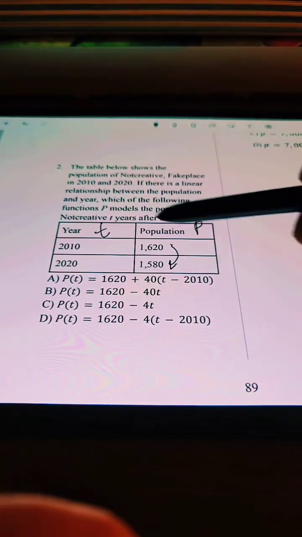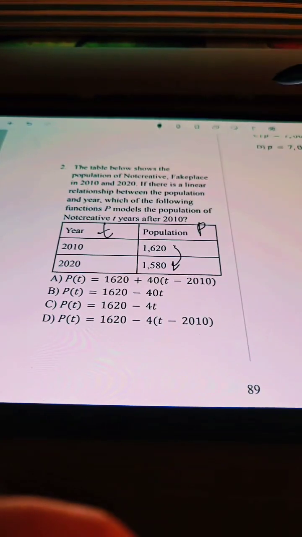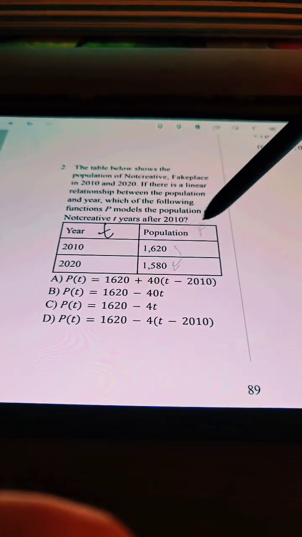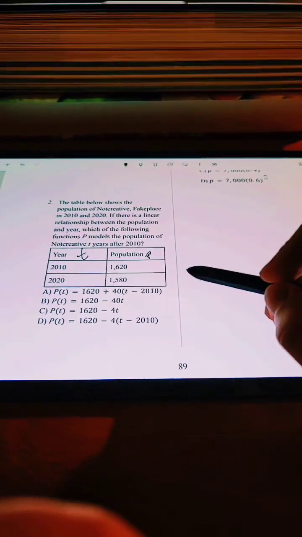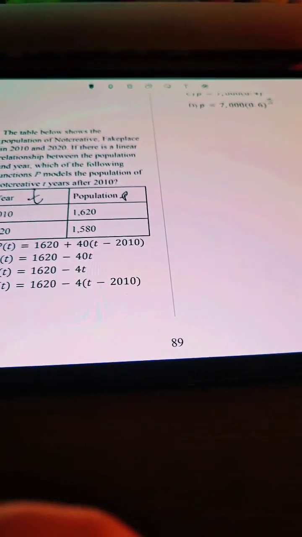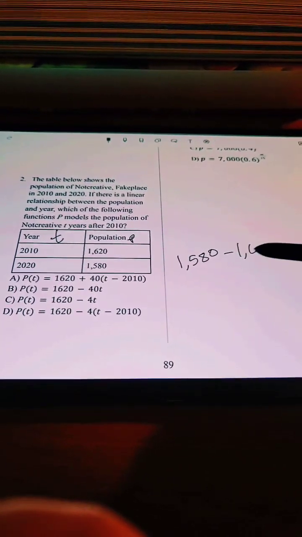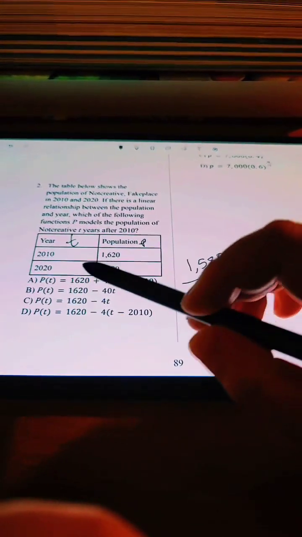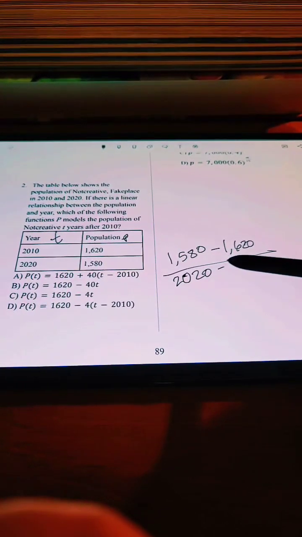How it's changing from here to here, depending on how you want to do it. Let's actually just plug it into the slope formula, probably easiest. So 1,580 minus 1,620, and then we're going to start with the 2020 minus 2010.